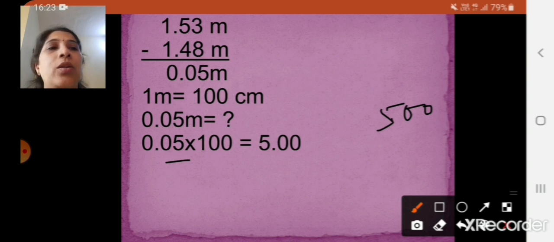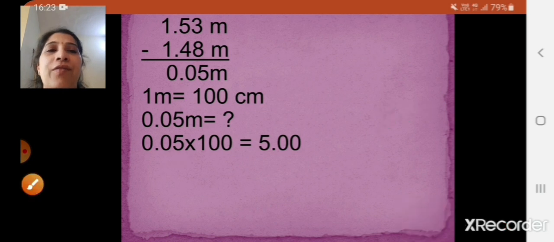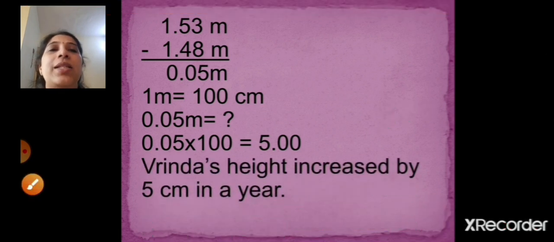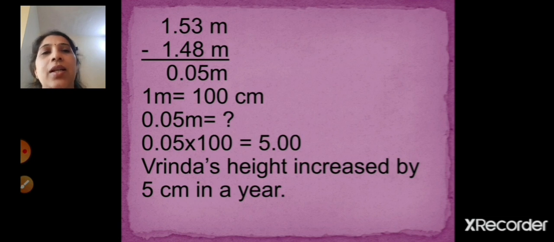So you will put 2 decimal places. Right? So you get the answer as 5. So Vrinda's height increased by 5 centimeter in a year. So you got the answer in centimeter, children. So that's why we have written Vrinda's height increased by 5 centimeter in a year.